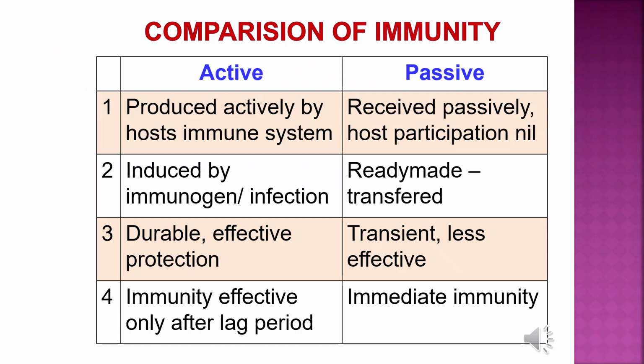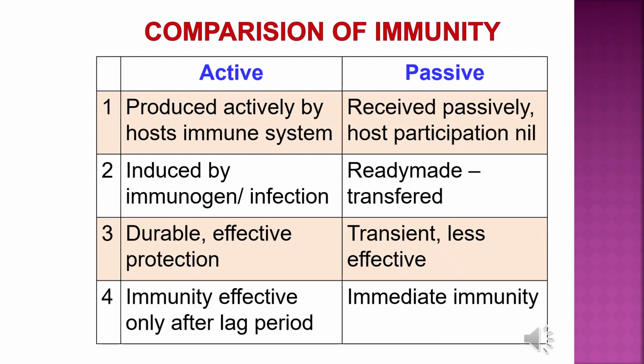So now we'll see a comparison of active and passive immunity. Active immunity is produced actively by the host immune system, so host participation is required. It is induced by immunogen or infection. It is durable, effective protection, and immunity is effective only after a lag period. Some period is required to build up the immunity, that is production of antibodies, and that is called the lag period.